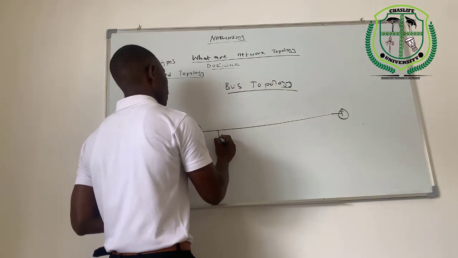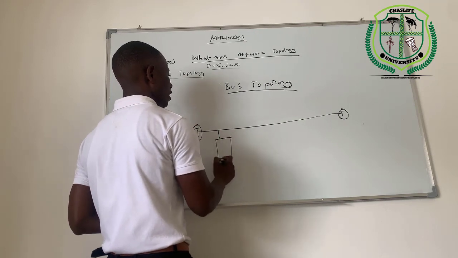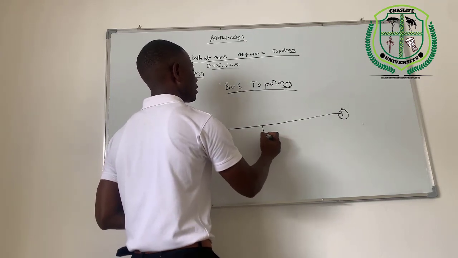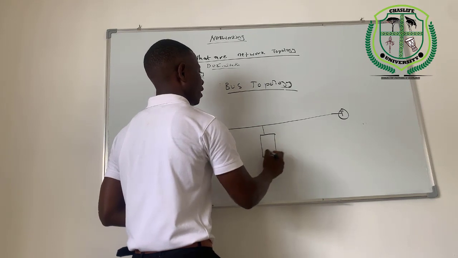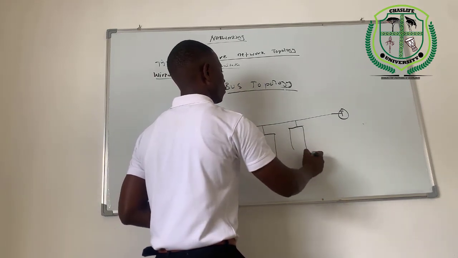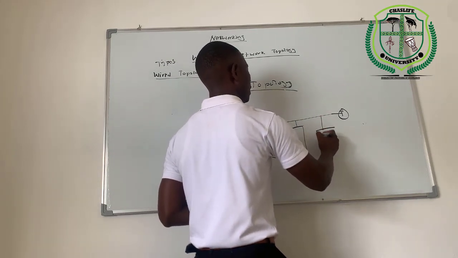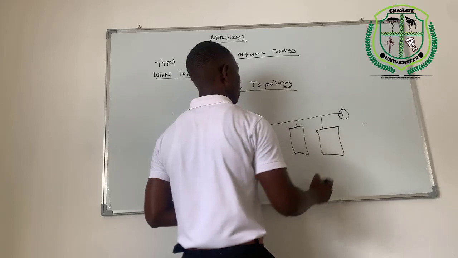So we have this client computer here, and then another client computer connected here, and another client computer connected here.